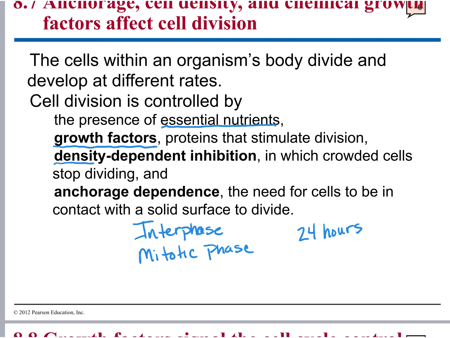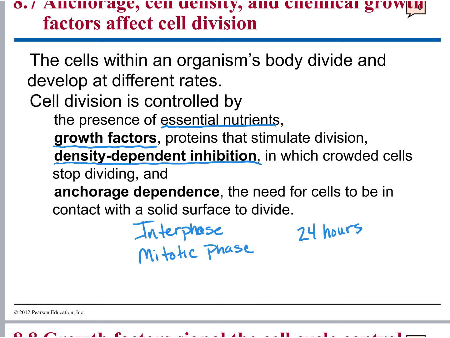So there's something called density-dependent inhibition, and that's where when cells are crowded, they stop dividing. So when there are enough cells present in a particular tissue or organ, the cells actually go into kind of a resting phase. They're going to stop dividing, at least temporarily.